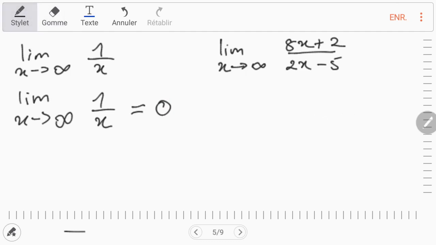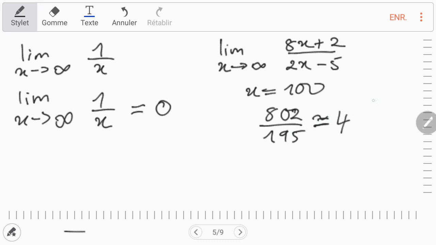Here we have 8x plus 2 all over 2x minus 5 as x goes to infinity. If you replace x by 100, for example, you obtain 802 up and 195 down. This value is approximately 4.